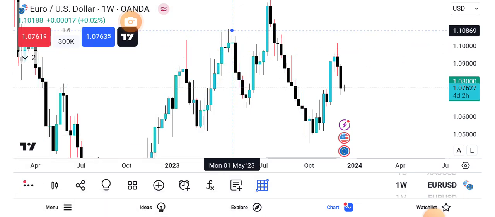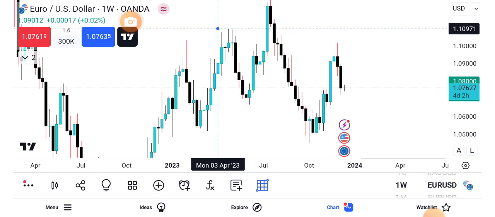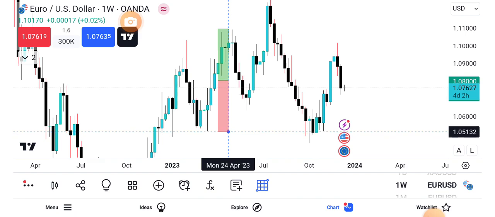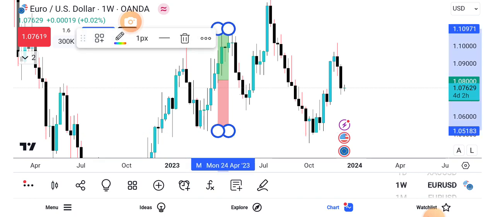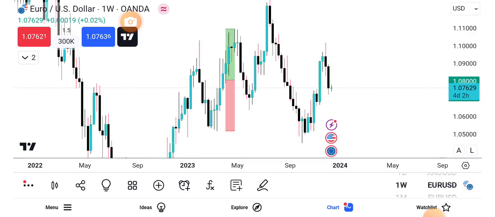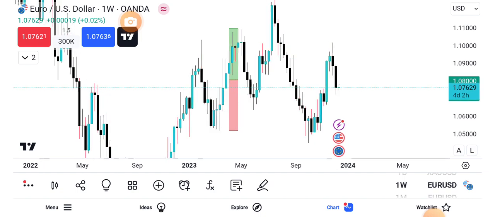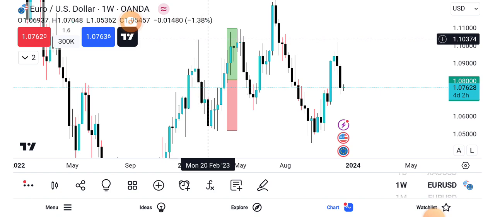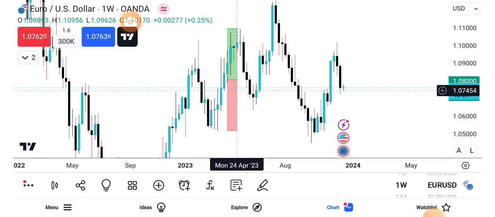So we can use our Fibonacci tool or our gene box to see to where prices retraced to. So over here, what we can see is after this buy side liquidity above here was grabbed, the market retraced.